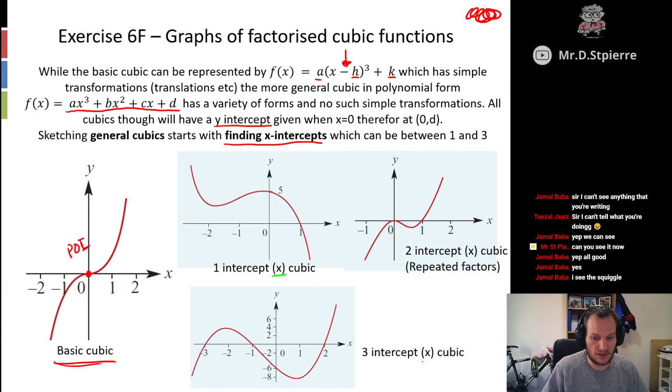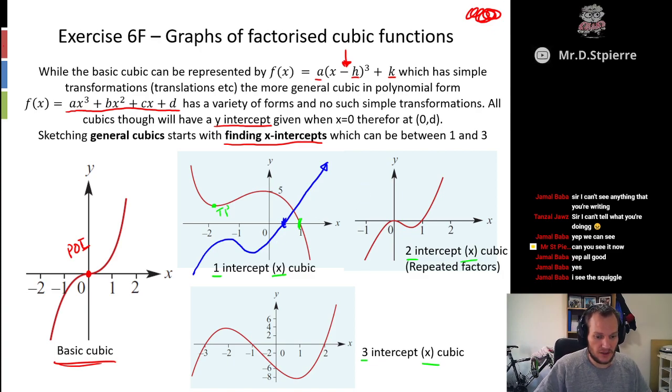The first has one x-intercept right there. It can come down, has a bit of a turning point here, goes back up, has a y-intercept, and then down through the one x-intercept. We can have another version coming up the other way, down, and then up that way. Still only one x-intercept.